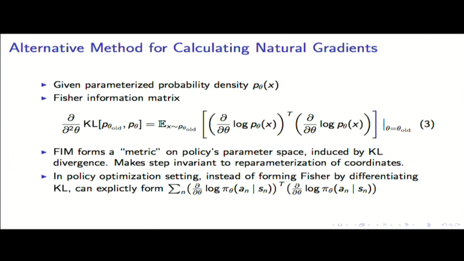So in the policy optimization setting, instead of forming our Fisher information matrix by differentiating KL twice, we can form it by taking the gradient of the log probability, doing the outer product, and summing those up, or actually taking the average. This gives us the correct expectation. It's going to give us a different finite sample estimate, but it has the correct expectation.